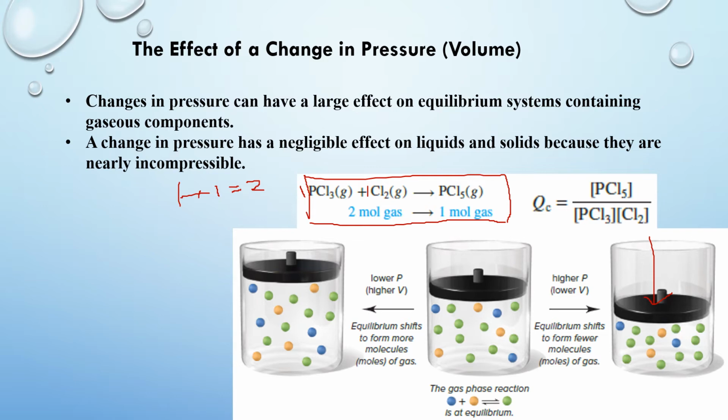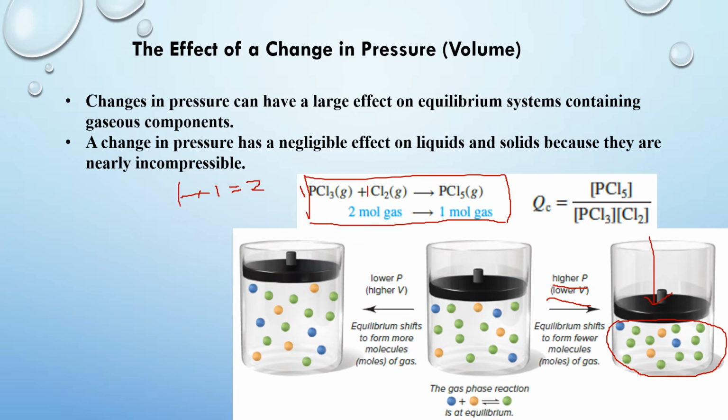So the pressure has been increased, and because this piston has moved down, the volume available for these gas molecules becomes smaller. So higher pressure is accompanied by a lower volume. When the volume becomes lower, the gas molecules are going to feel more crowded.